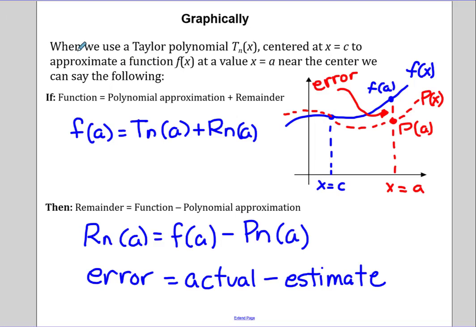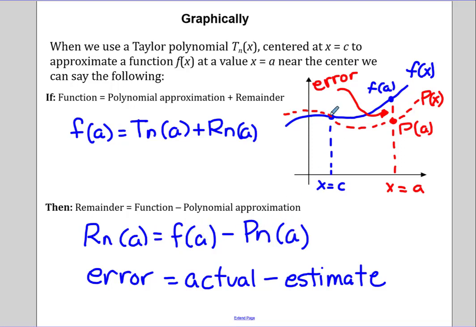Let's take a look at the picture. When we use a Taylor polynomial that I'm describing as t sub n of x, centered at some c value, to approximate a function at a value which is near the center, we can say that if the function is the polynomial approximation plus the remainder, then the remainder is the actual value minus that estimate.